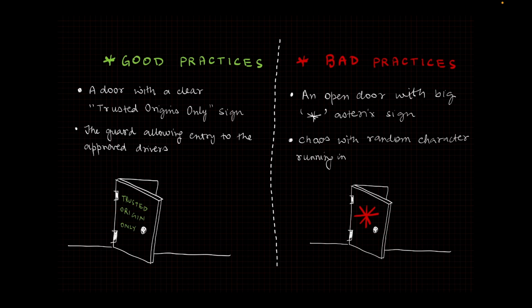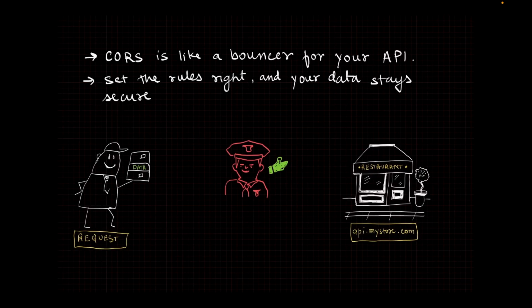Then many requests will be coming from random sources and the server has to respond in any case because we are using the wildcard entry. So CORS is like a bouncer for your API. Set the rules right and your data stays secure. Here for example, the delivery drivers come, the guard checks, the guard here is CORS, and it goes to the restaurant and the restaurant responds back with the data.